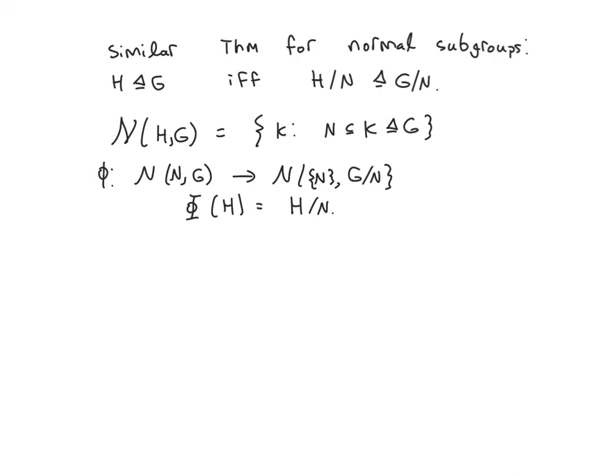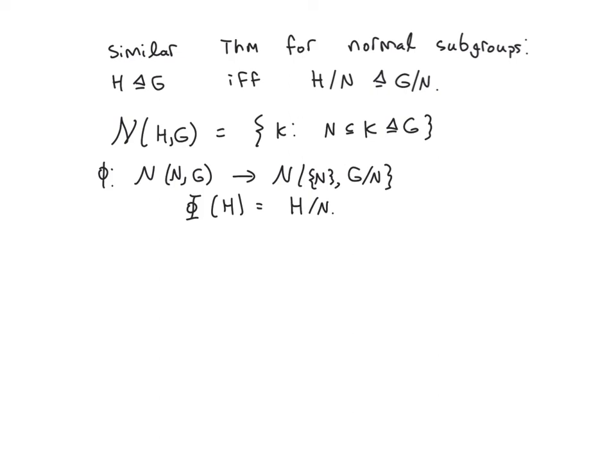The only thing you have to prove that's different is that H is a normal subgroup of G if and only if H mod N is normal in the quotient group. If you can prove that, then this automatically follows from what we just showed.